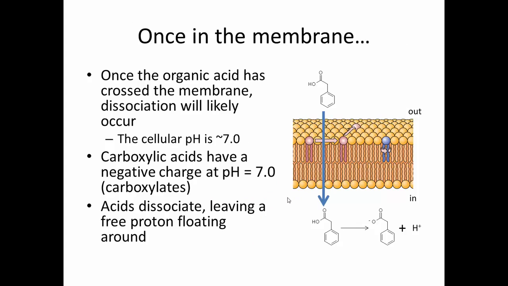And once the organic acid has crossed the membrane, the dissociation will likely occur then, so it's not going to remain undissociated. It'll thus dissociate to phenylacetate and a proton. Carboxylic acids have a negative charge at pH 7, and the cytoplasm is going to be around pH 7, so thus you will get that dissociation, and that'll leave a free proton floating around, which could potentially acidify the cytoplasm if something is not done.